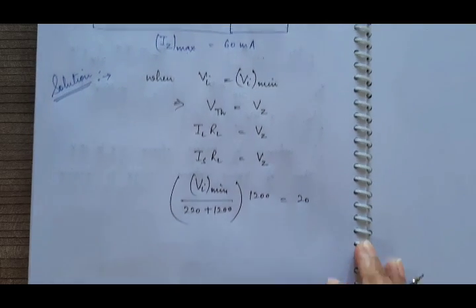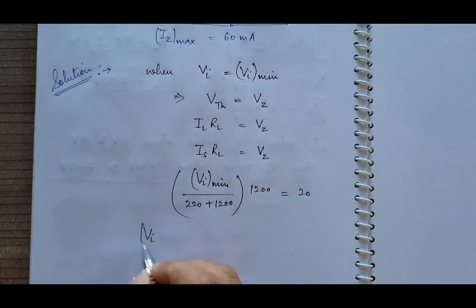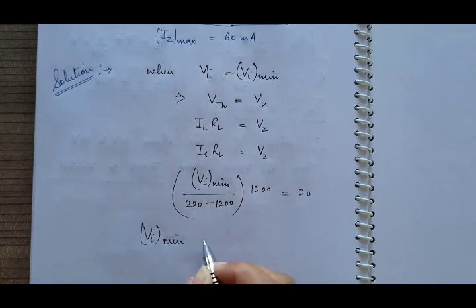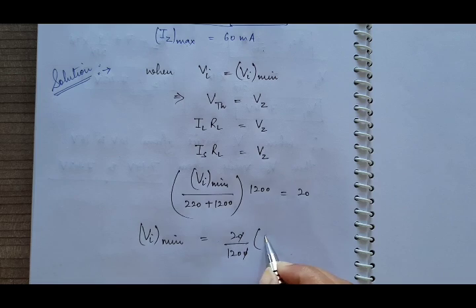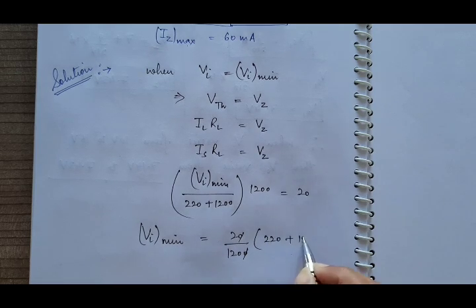So to calculate the minimum value of input voltage which will just turn on the Zener diode, it is 20 upon 1200 into (220 plus 1200).